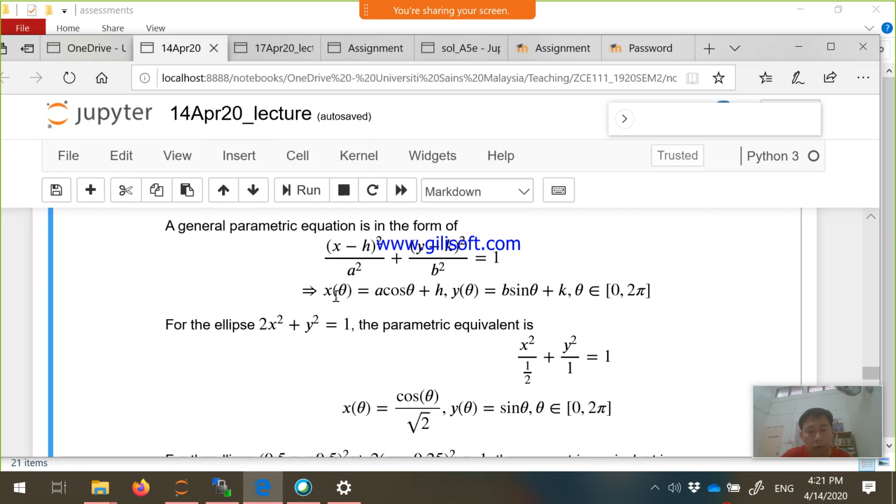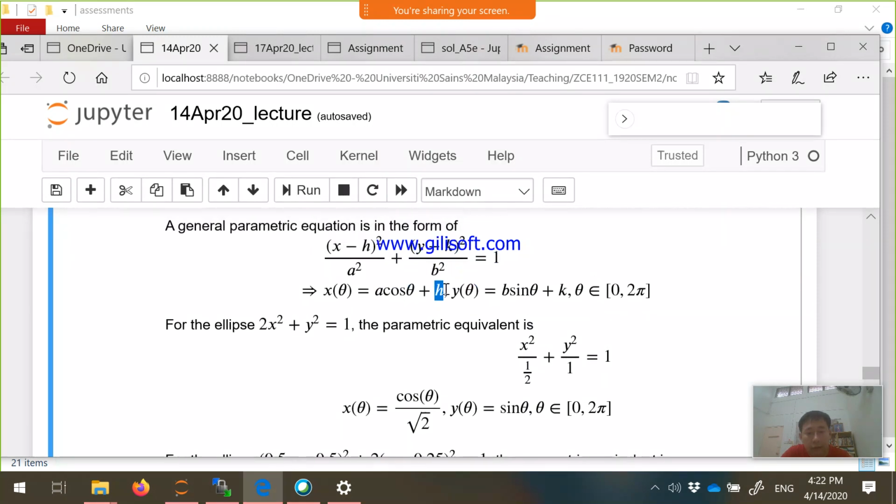If you collect all the values of x and y for all values of theta between 0 to 2 pi, then what you get is the shape of an ellipse. So what I'm saying is that the parametric equation highlighted on the screen describes the ellipse. So you just have to find out what is the a and what is the h for those equations.